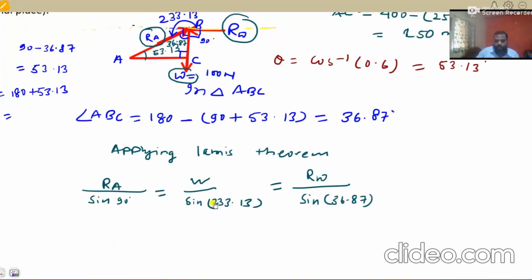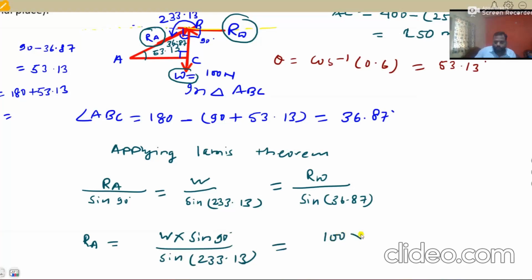Now how to find RW? Sorry, I have to get the value of RA. Using these two relations I can get it. RA will be W into sine 90, that is 1, divided by sine 233.13.